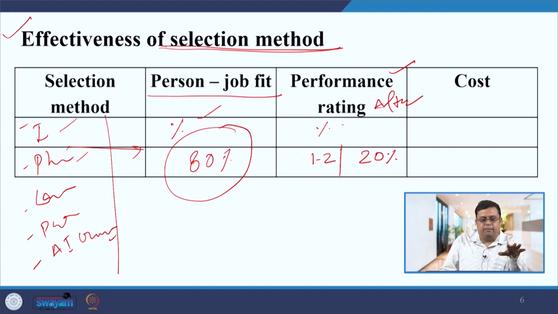If this is what is coming out, it clearly gives a signal to a manager to change the selection method. By which method did you assess the person job fit, when your ratings are different and your percentage of goal achievement is different? I have taken just one example of person job fit.